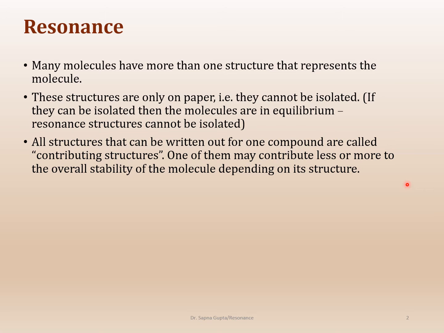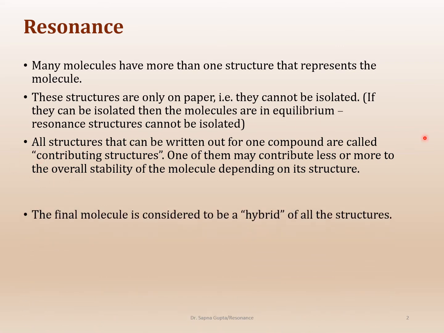All right, because some structures are more stable than the others. So when you write all these structures, we are able to predict whether the structure is going to be stable or not, which means is it contributing to the stability of resonance, okay, or the molecule itself.